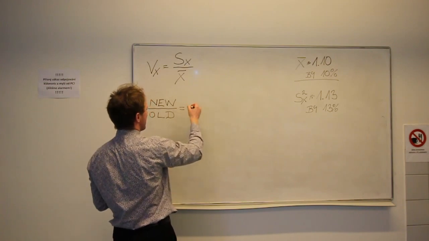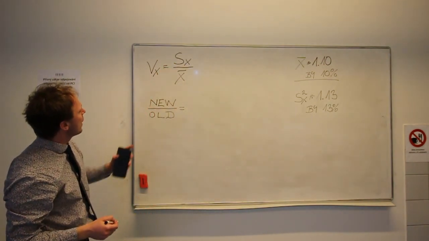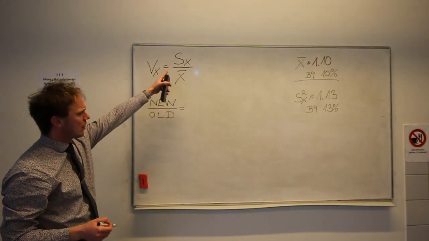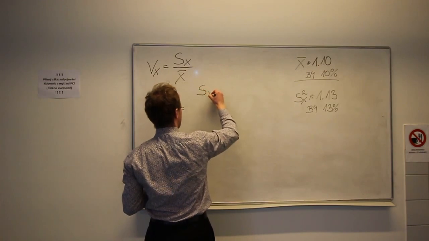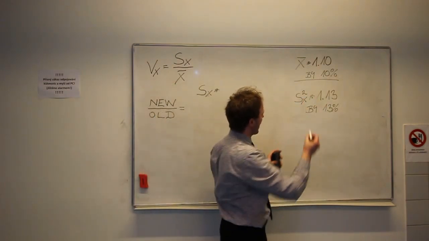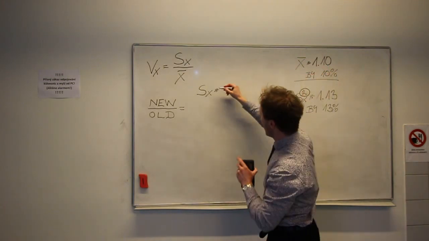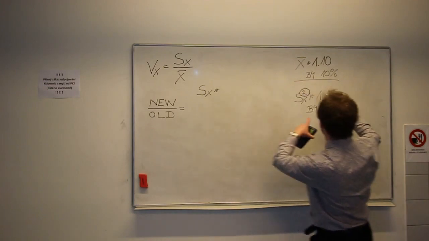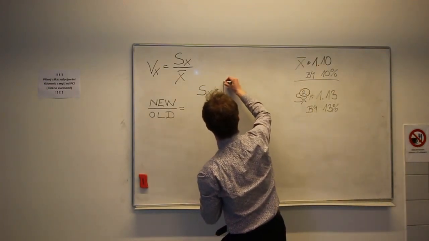So our new variation coefficient will be standard deviation multiplied by, there is variance, where you can see the second power. So I must take this second power out, so I must use the root.